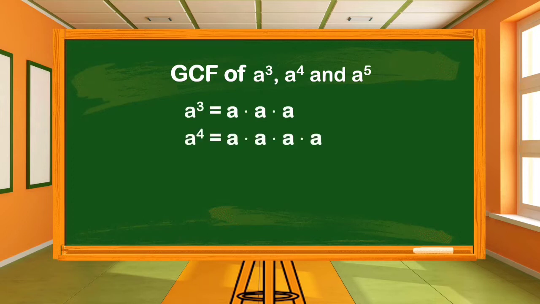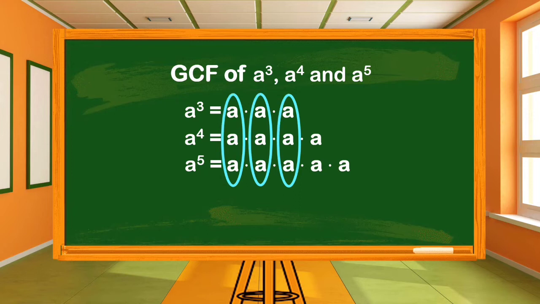A raised to 4 is equal to a times a times a times a. A raised to 5 is equal to a times a times a times a times a. How many a is common in the factors? Very good. There are 3. Therefore, the GCF is a times a times a, which is equal to a cube.